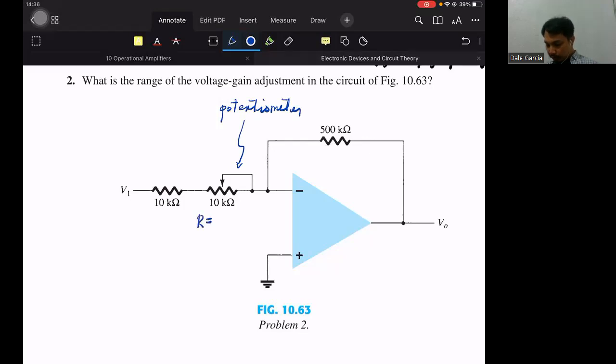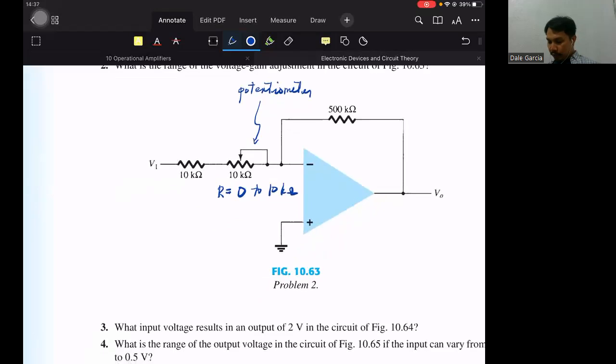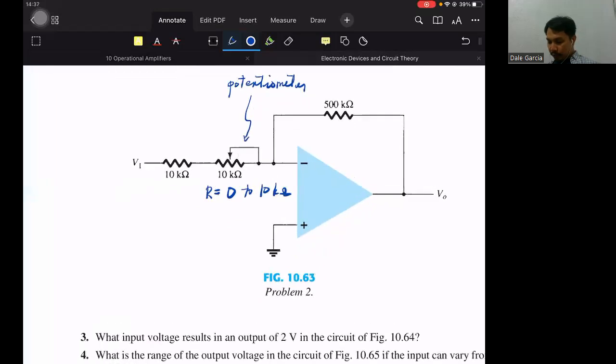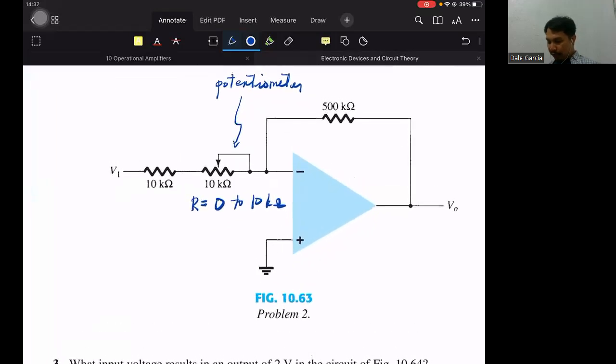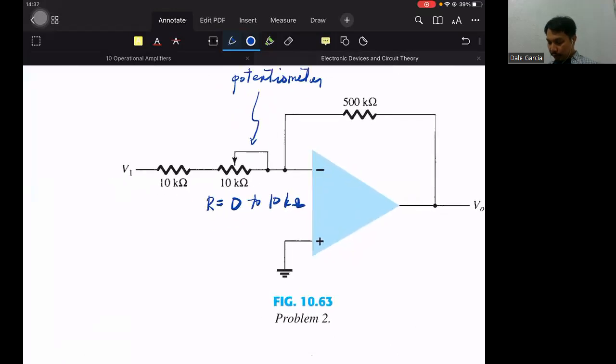Its value ranges from 0 to 10 kilo ohms. So we have two voltage gains, one from each extreme value of our potentiometer.